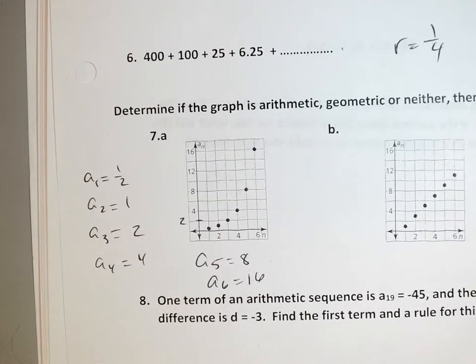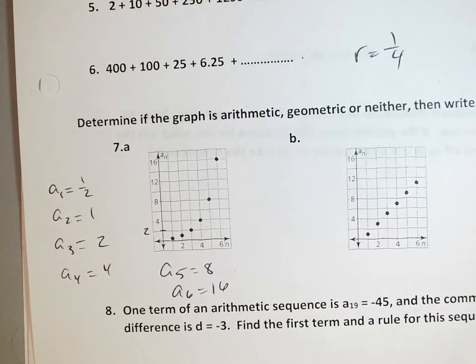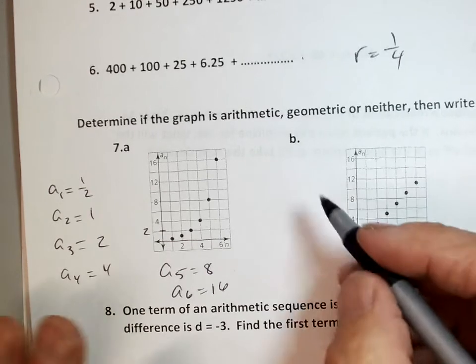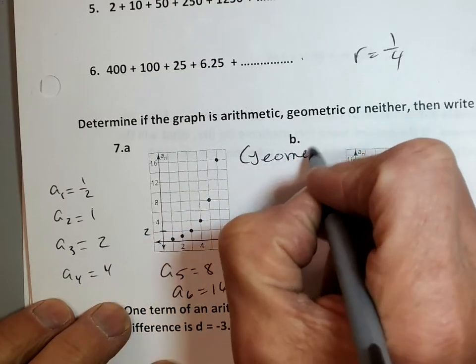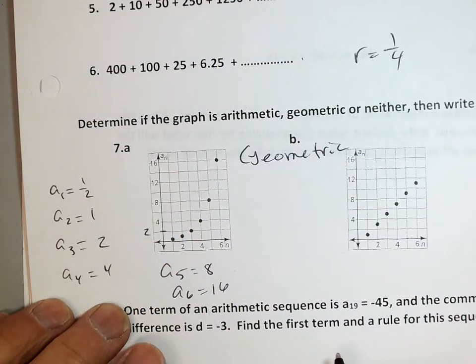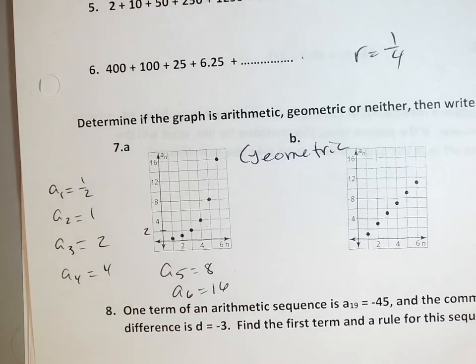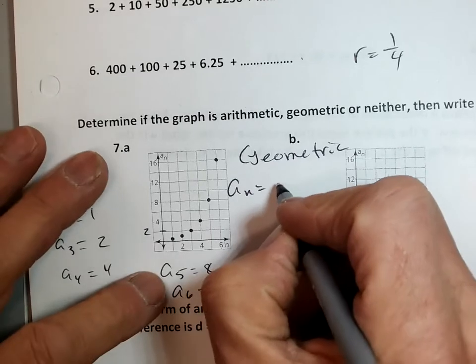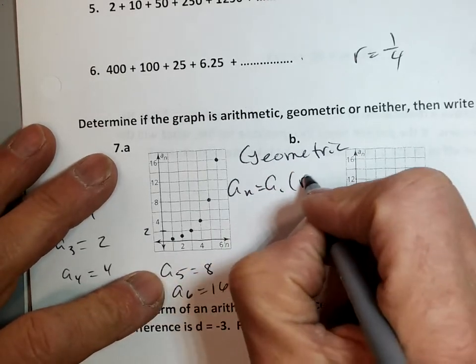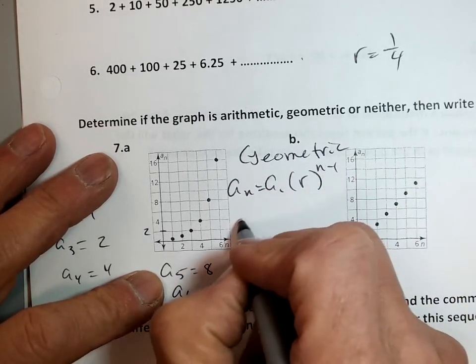I'm just doubling, right? So, easy question. Is that geometric, arithmetic, or neither? Definitely geometric. If we want a rule, we've got a rule for geometric, but we've got to keep the n as the variable. So a of n is equal to a1 times r to the n minus 1.